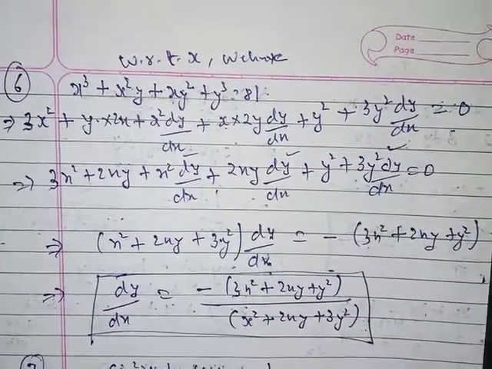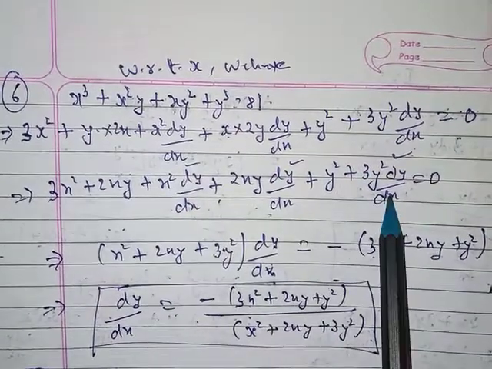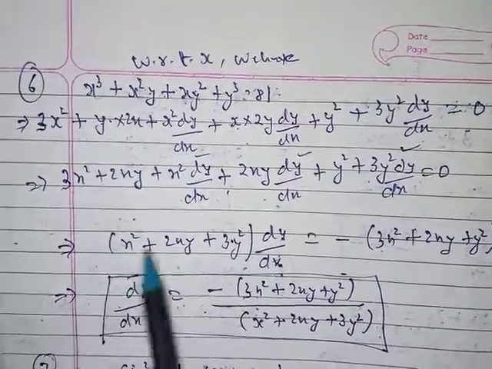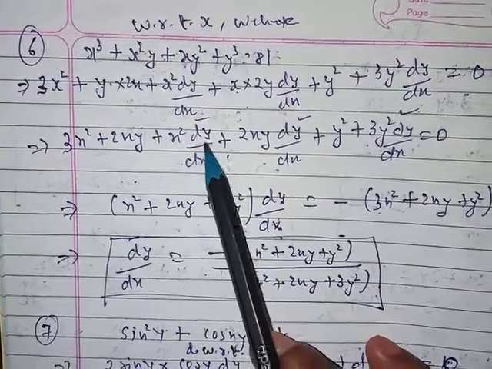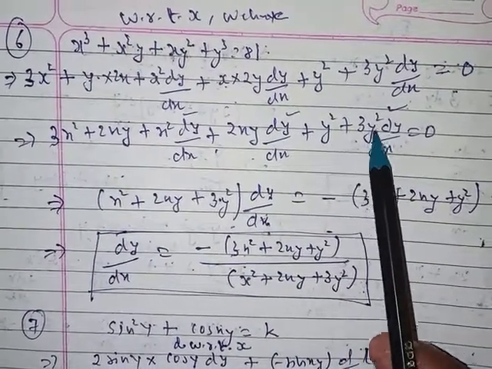The same thing we'll do: we'll collect all the dy by dx at one side. So what we get? x square dy by dx, 2xy dy by dx, 3y square dy by dx.